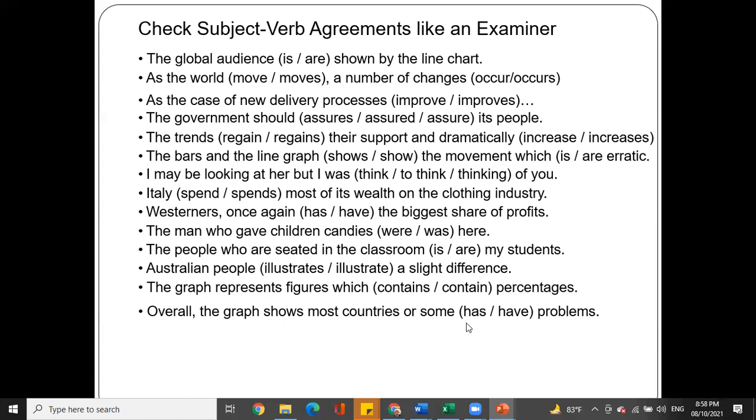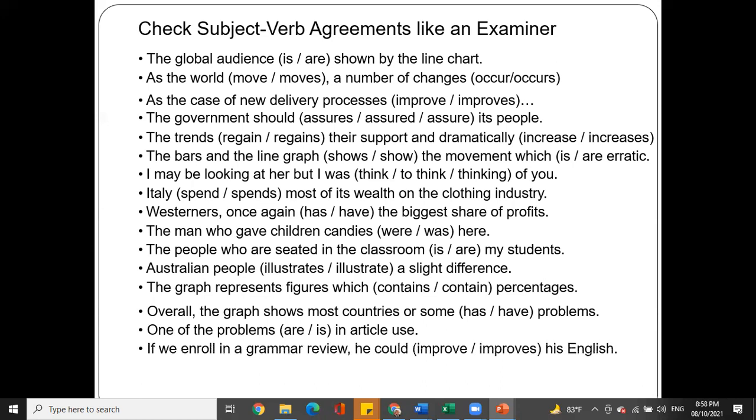Have. Okay. One of the problems is article use.